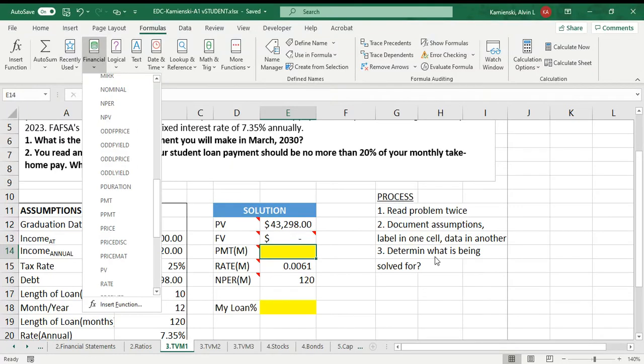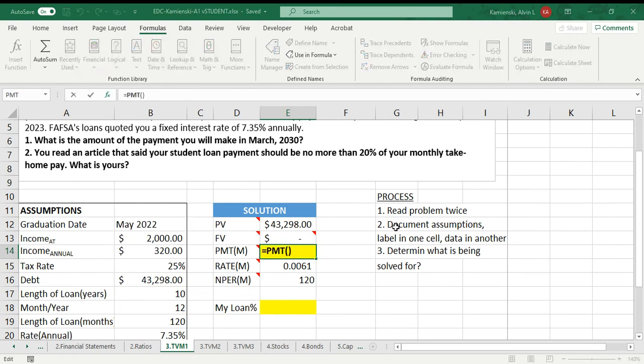So when we know what is being solved for, in this case, payment, then what we're going to do is use the Excel function. In this Excel function up here, it's going to guide us through what it wants. For example, it says rate is the interest rate paid per period. So we know that that's our monthly interest rate.